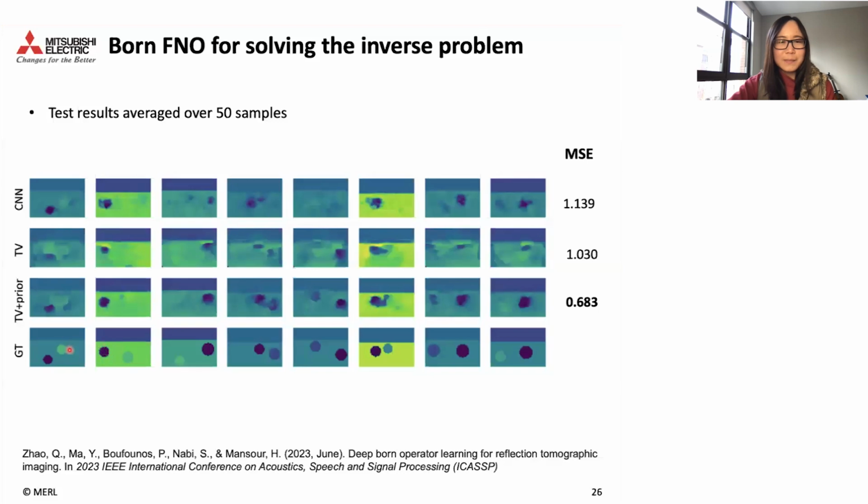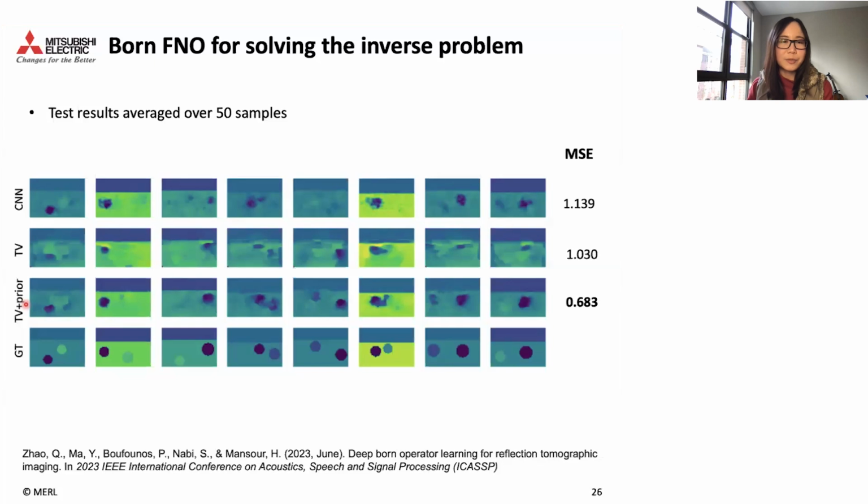The last row represents some examples of the ground truth permittivity distribution, and then this row is the result that is obtained by using our learned Born FNO as the forward operator and using that autoencoder decoder as a prior, together with the total variation regularization as a regularizer.